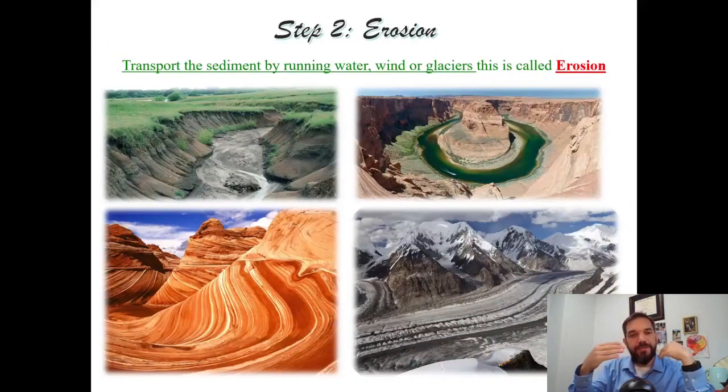Transport. After you get broken down by weathering into clay, sand, silt, gravel, whatever you are, the next step is transportation. That's the process of erosion. We created the gravel, but now gravel has to be picked up, carried off somewhere, and eroded away. A lot of different things do that. Maybe the obvious one is water, like a river carrying the sediment away.